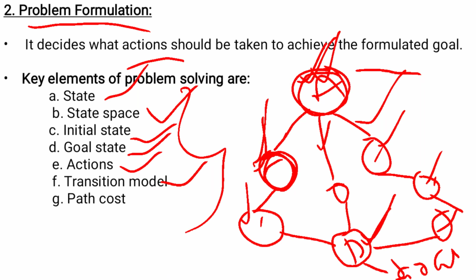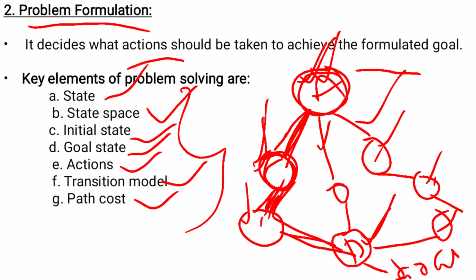That is the transition model. Then the path connects each node, from A to this node, this linking, and to reach a goal state, this is called the path.